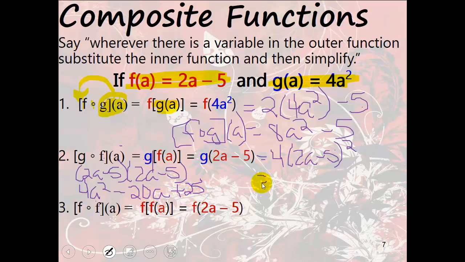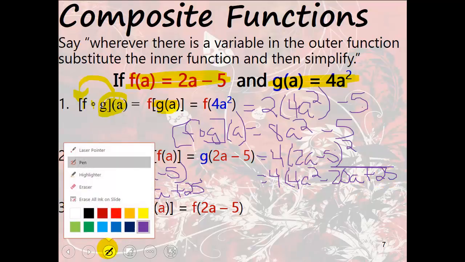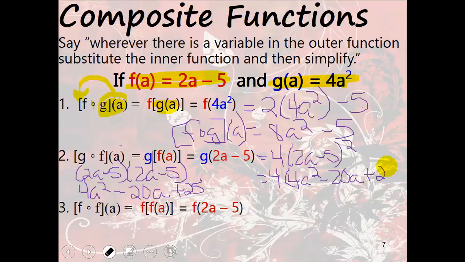So this is equal to 4 times 4a squared minus 20a plus 25, which gives me 16a squared minus 20a plus 100.